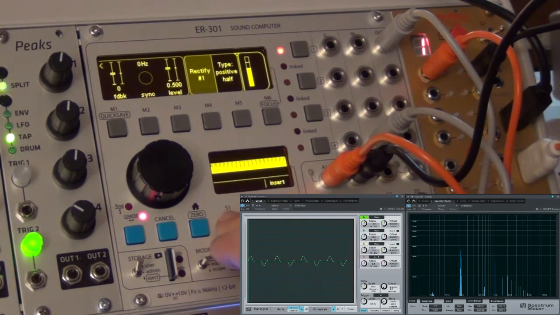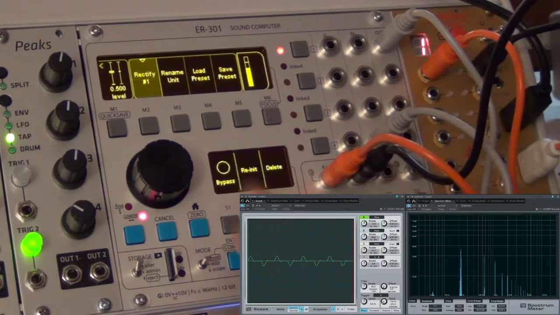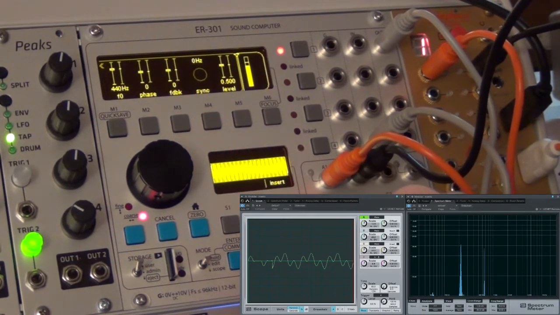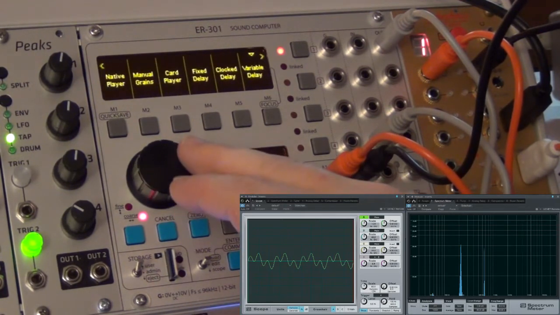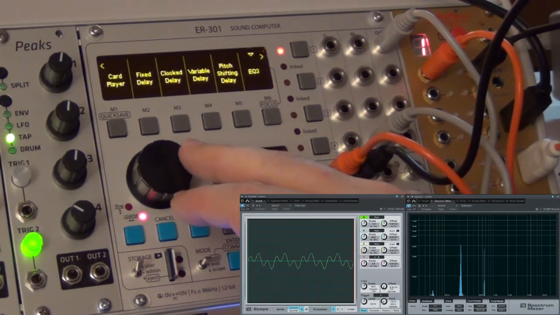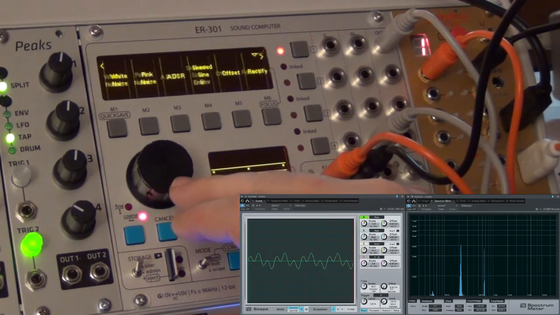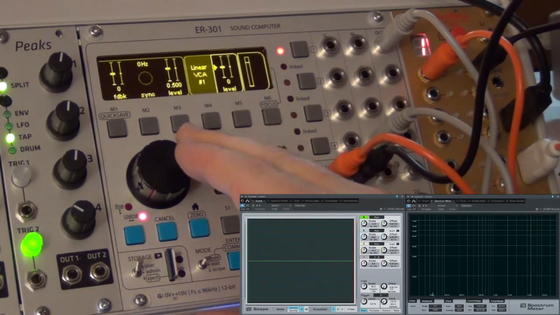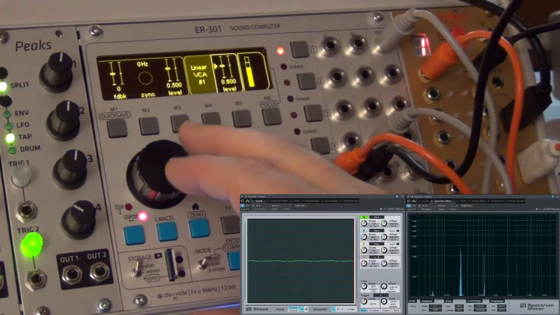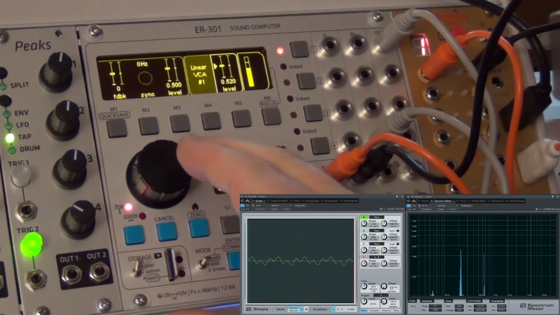So let's try this a different way. Let's still do a sine wave, because we've changed the wave shape here. I'm going to take this out, and let's insert another linear VCA after our modulator, but only bring the level up to 0.5.